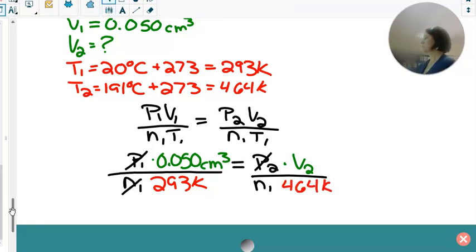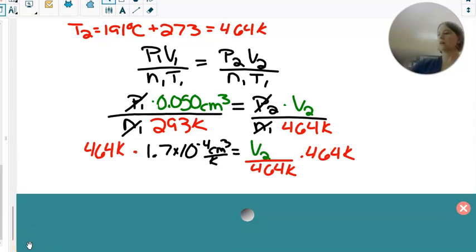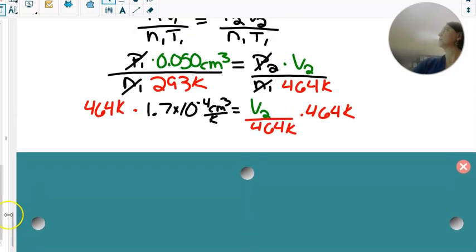Okay, so what you'll need to do is simplify the left side and the right side. So take a minute and do that. You should get something like 1.706 times 10 to the negative fourth on the left side, equals V2 over 464 Kelvin on the right side.